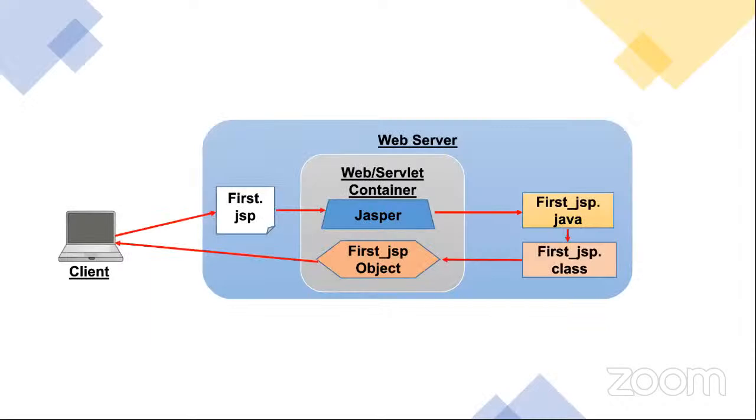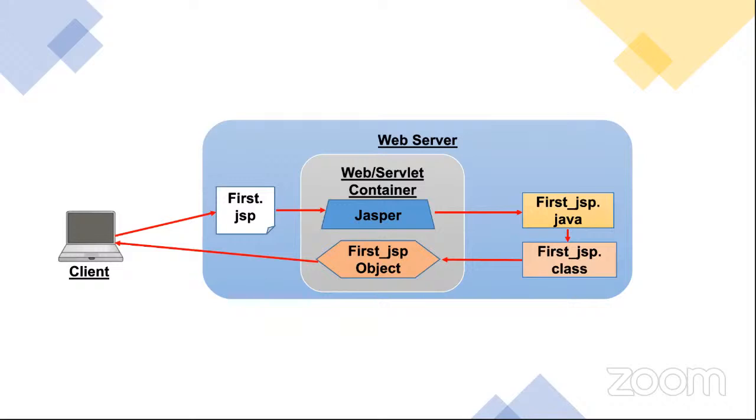When the client sends a request through JSP, we can have a web container, or we can say servlet container, because as I mentioned earlier, JSP is an extension of servlet.